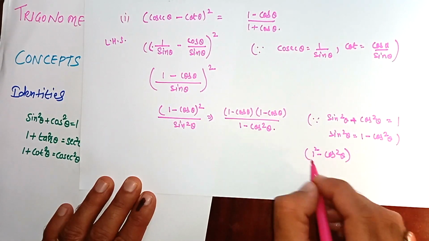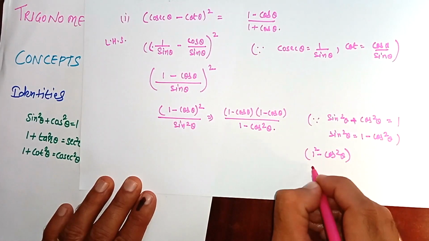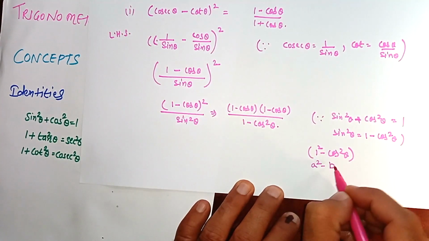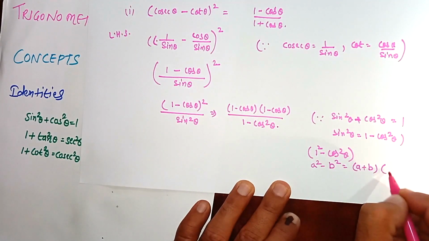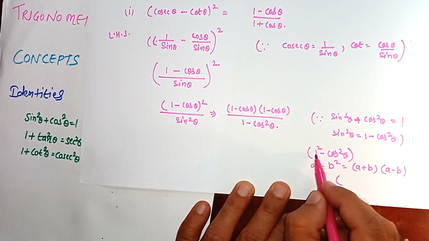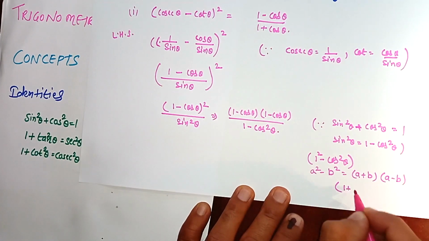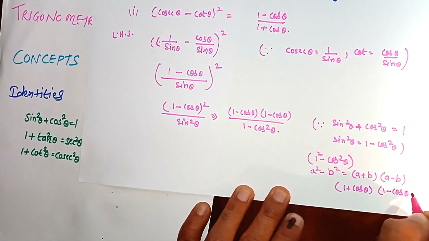See, this again becomes an identity which you might have learnt in your 9th class, which is a square minus b square, which is a plus b and a minus b. So a plus b, what is a here? 1, and b is cos theta. So we can write 1 plus cos theta and 1 minus cos theta.